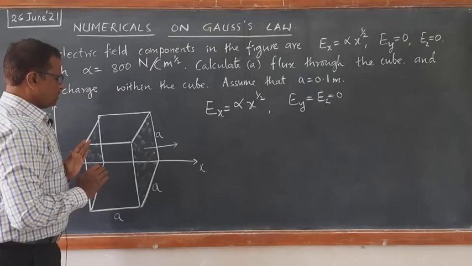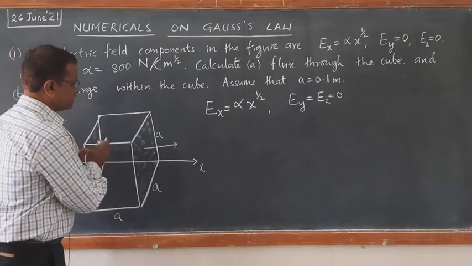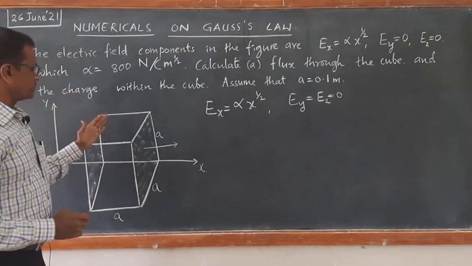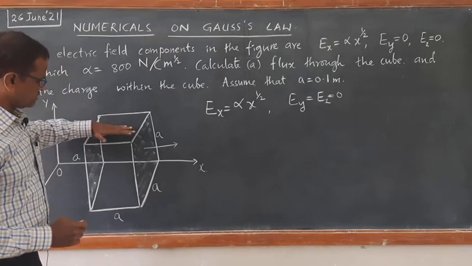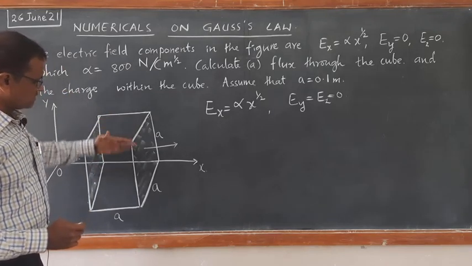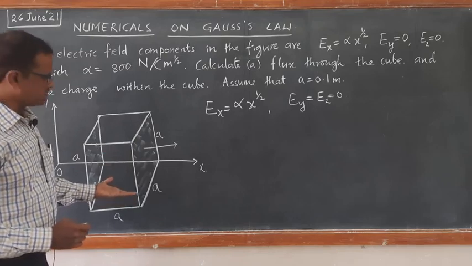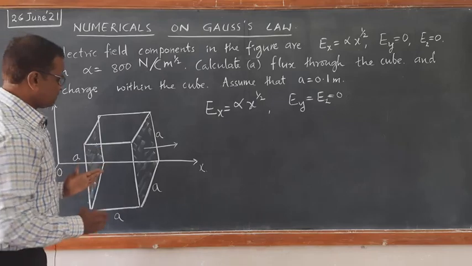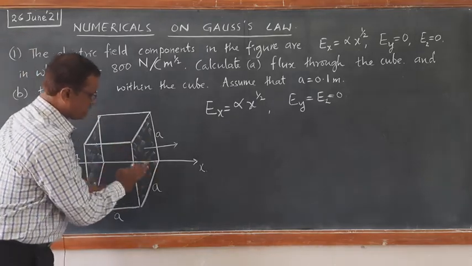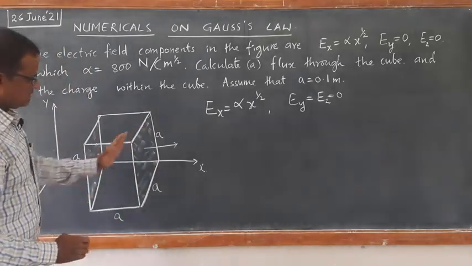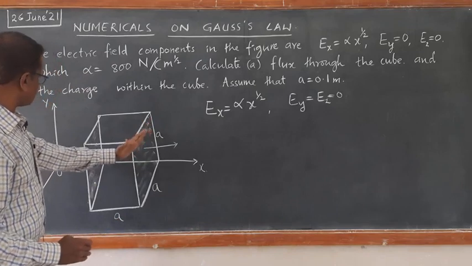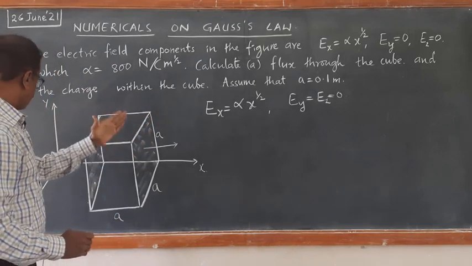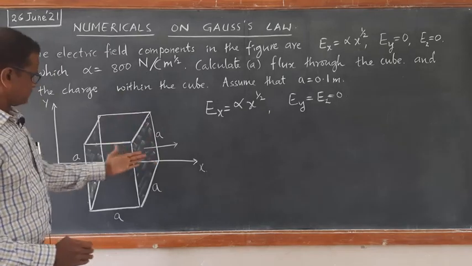So, since the electric field along the y-axis and z-axis is 0, the flux contribution by the top and bottom faces is zero. If you look at the diagram, you will find the planes which are perpendicular to the x-axis are the yz planes.